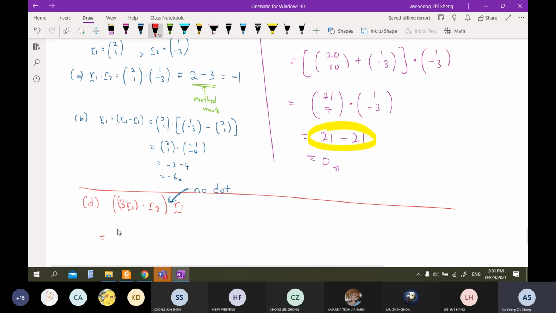Now let's do the computation. 3 times R1, R1 is (2, 1). And then this thing dot with R2, R2 is (1, -3), followed by the vector R1, which is (2, 1).